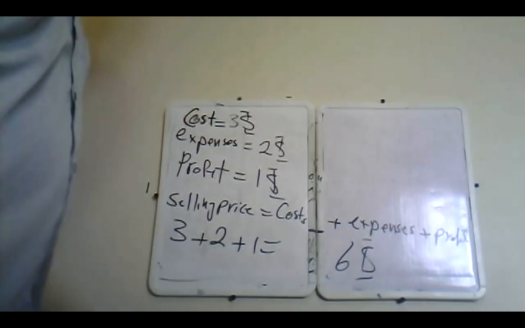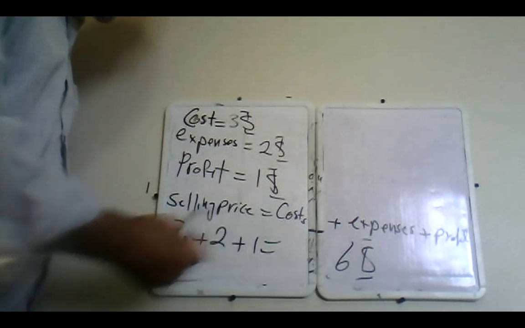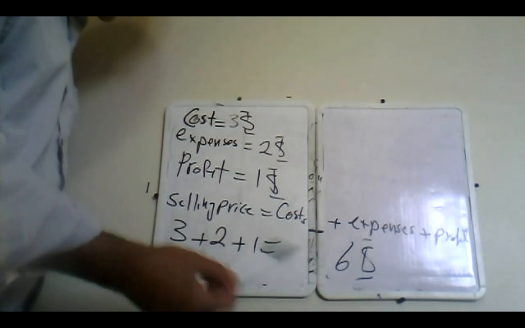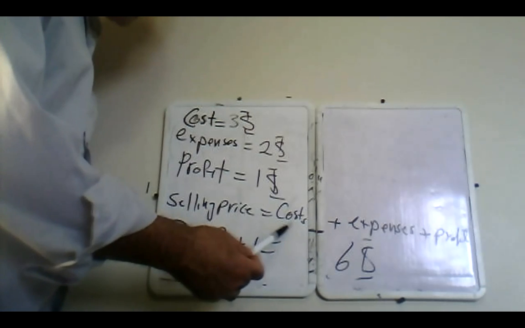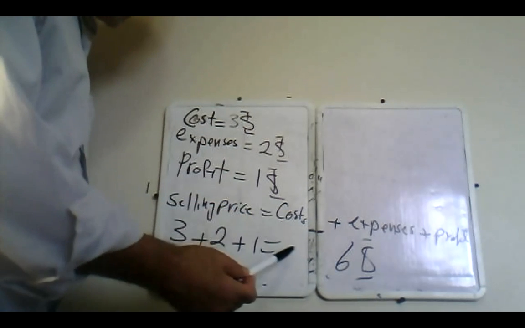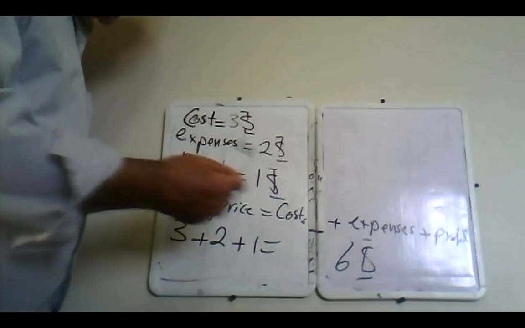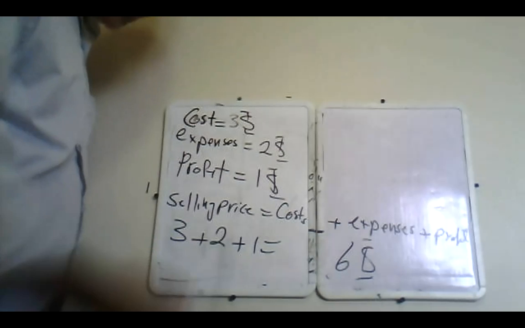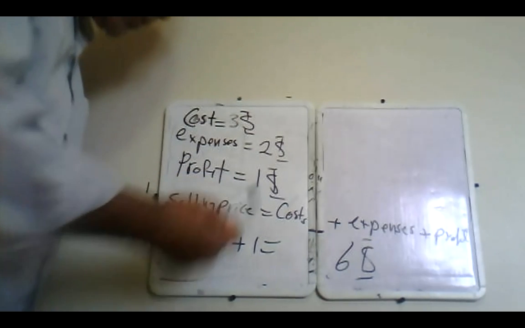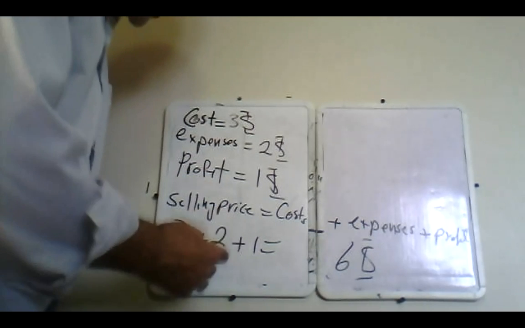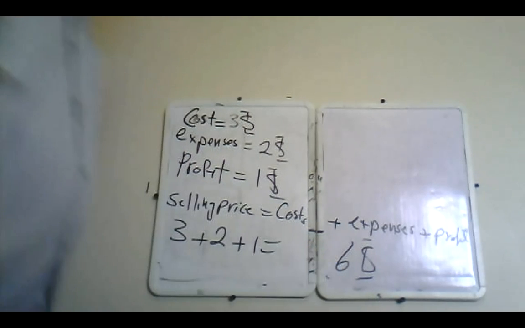So now, what is the selling price for the pen? It is a combination of the cost, which is $3, and the expenses, which is $2, and the profit I want to make for myself, which is $1. So 3 and 2 and 1, all of them make $6.